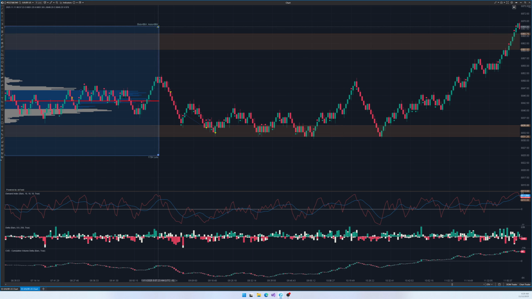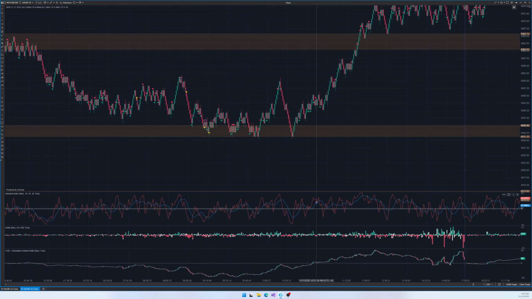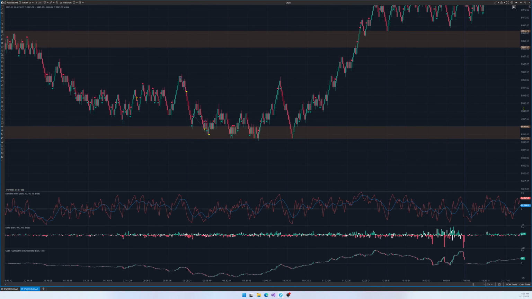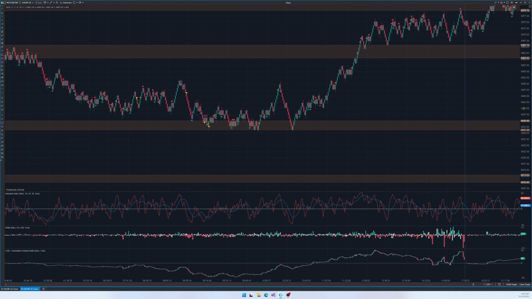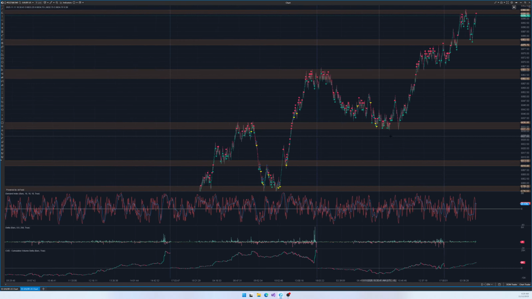So removing that one, removing that one, and that was 1, 2, 3, 4 trades, minus 50 something ticks. Not a good day yesterday for sure.